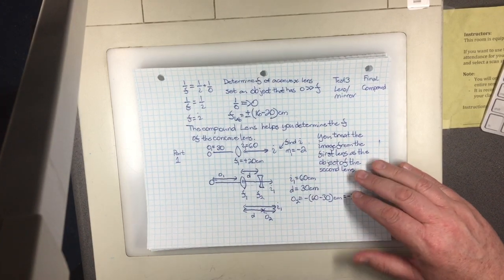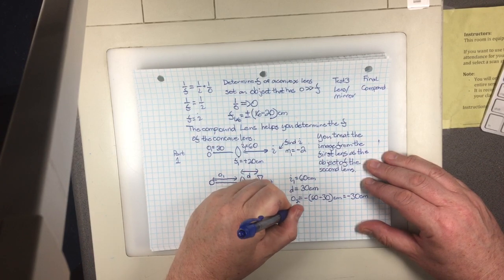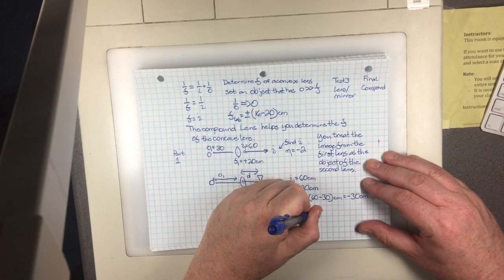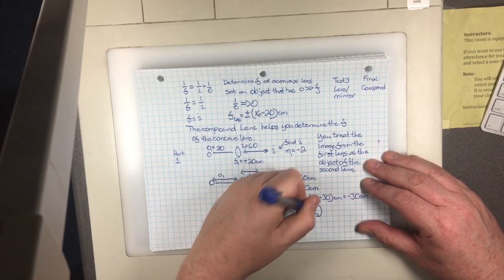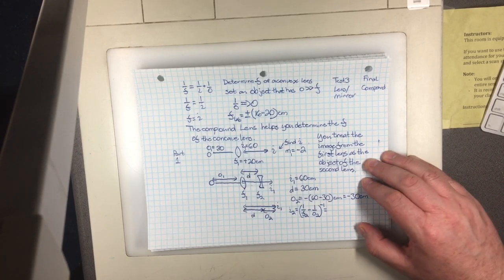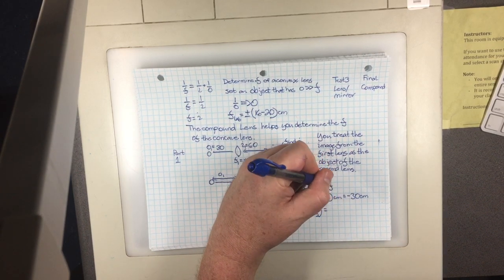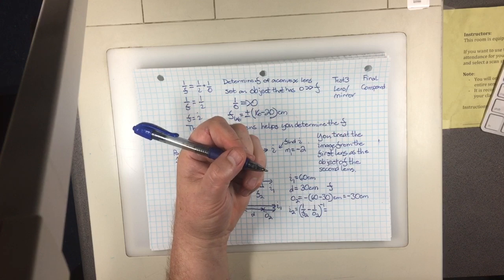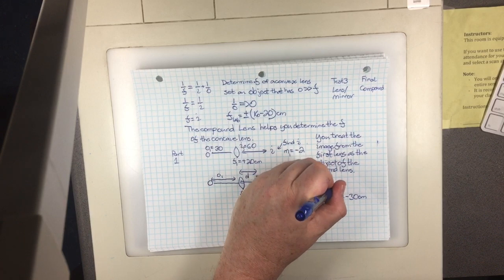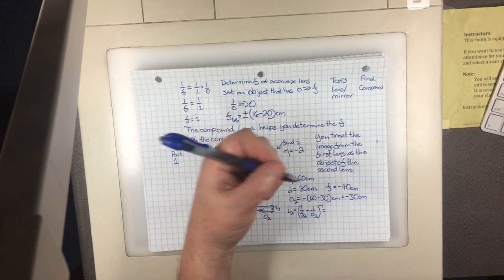Now what you do is you run the math again. I2 is 1 over F2 minus 1 over O2, inverted. The focal length, oh, I gotta pick a focal length for this. This is the part that makes me worry. I'm gonna make it negative 40 centimeters. I think the math will work right for that.